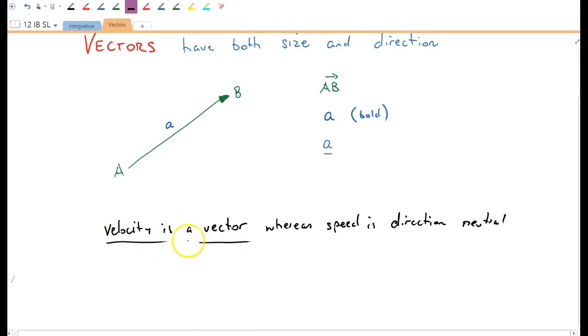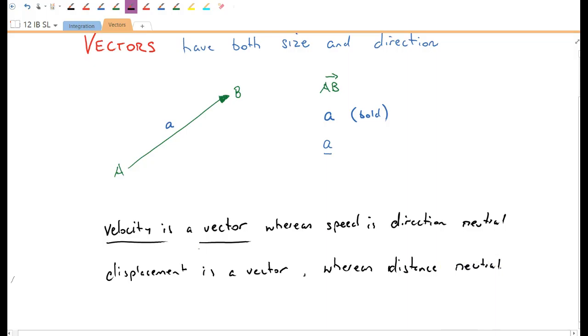What else is a vector? Well, displacement's a vector, because displacement can be negative, whereas distance is not. Distance is direction neutral as well. Distance just talks about how far it is from one place to another.